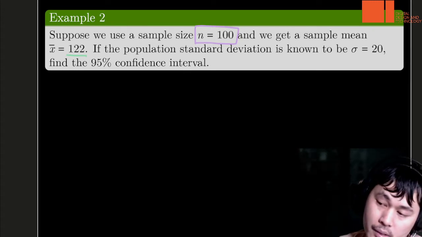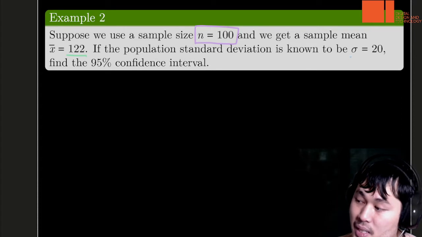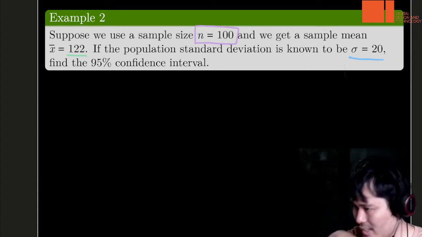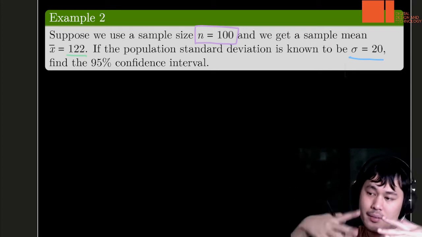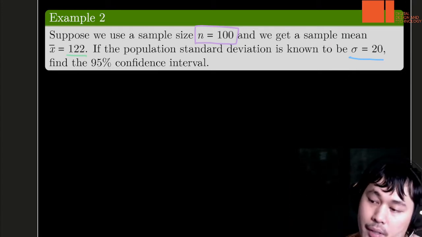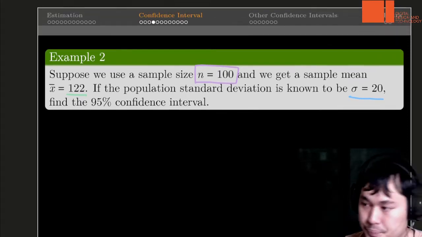And suppose the standard deviation is known to be 20. Suppose we know the standard deviation of the whole school. And then find the 90% confidence interval.